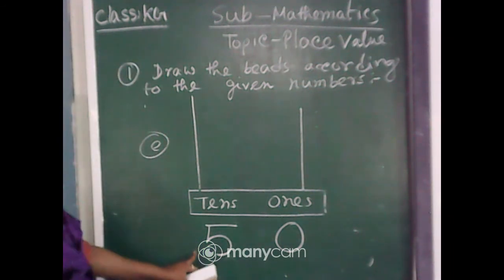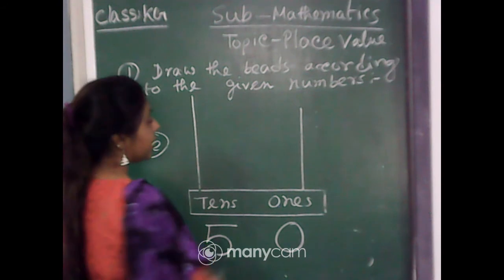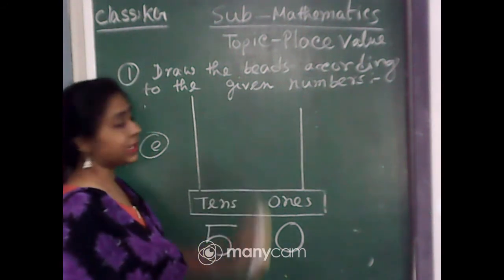That means 5 tens, no ones, 5 tens or 0 ones, very good. That means in the ones column there is nothing.